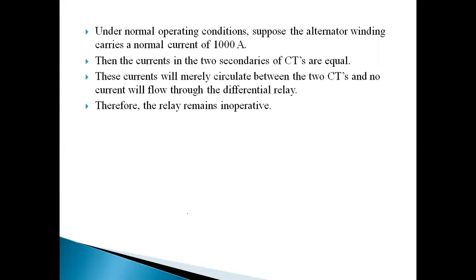Then these currents will merely circulate between the two CTs and no current will flow through the differential relay, meaning the current is flowing between the CTs only and 0 ampere current is flowing through the differential relay.